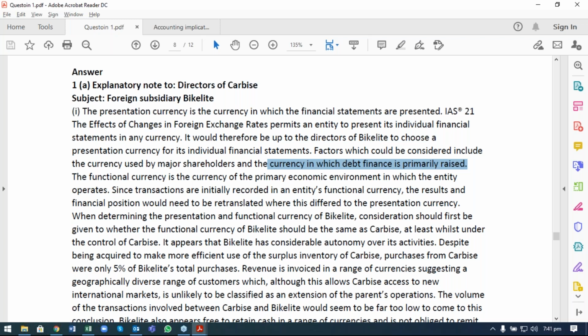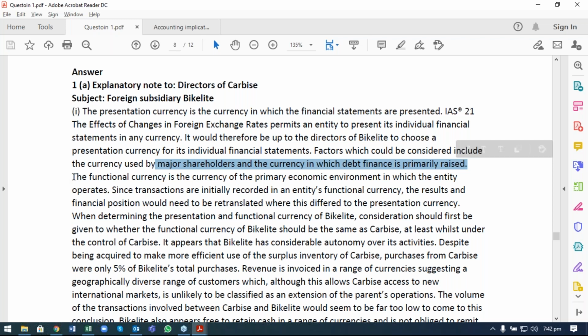These are the two major stakeholders of the business, the lenders and the shareholders of the company. So if the lenders and shareholders understand UK pounds better, and you are providing the data in US dollars, it might not be suitable, it might not be relevant to those stakeholders. So you need to fulfill the requirements of the framework as well. I hope you're getting the point.